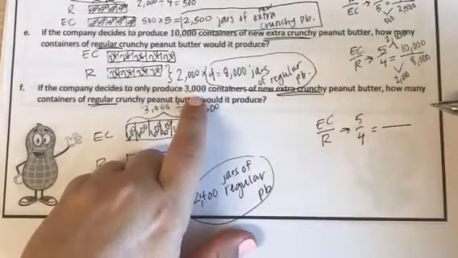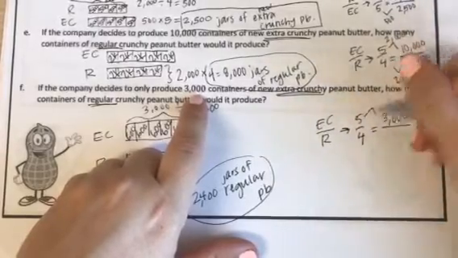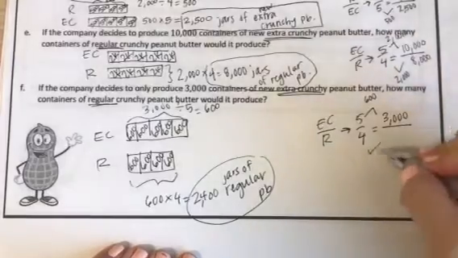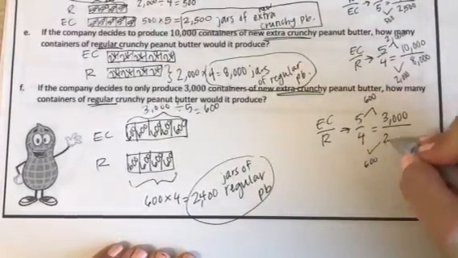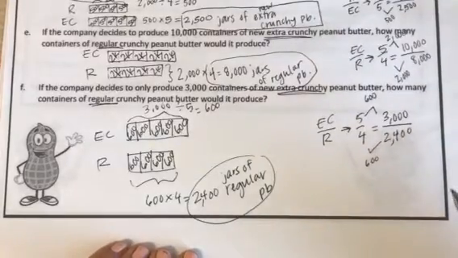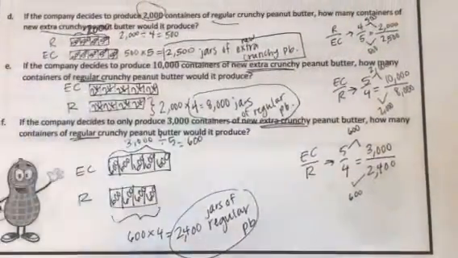What do I know? 3,000 represents extra crunchy. 5 times what is 3,000? 5 times 600 is 3,000. So 4 times 600, 2,400.